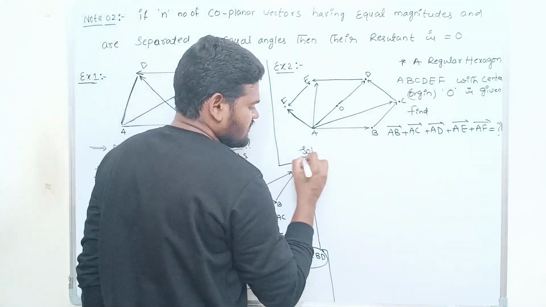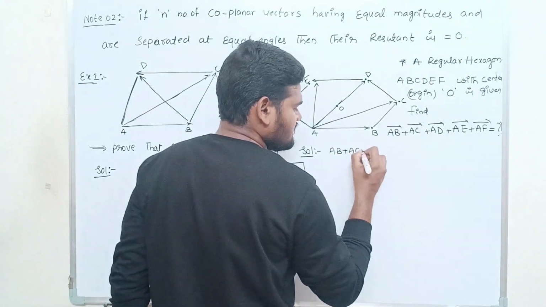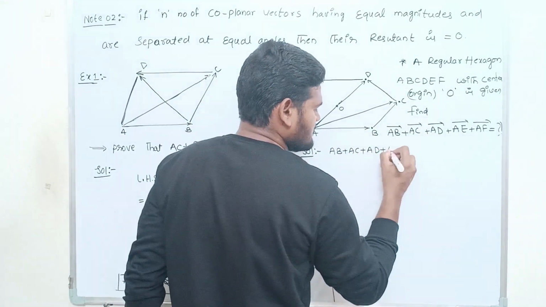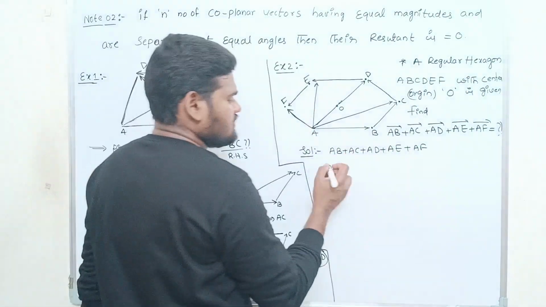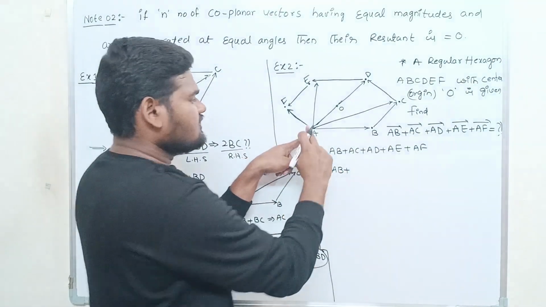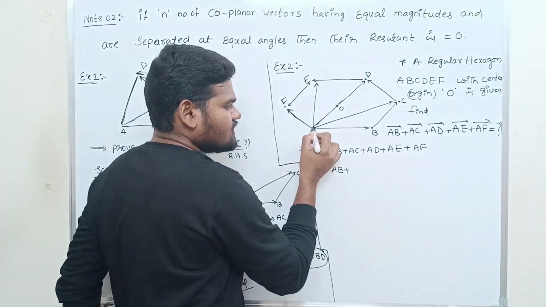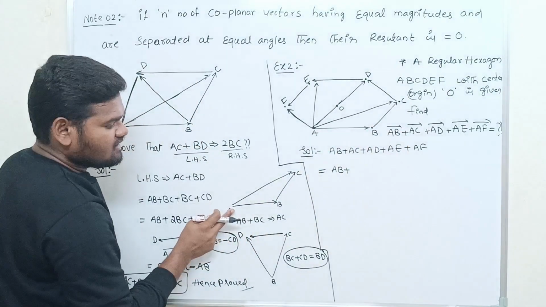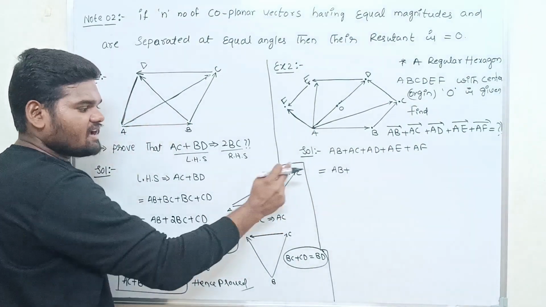Have a look at the solution. What they are asking is AB plus AC plus AD plus AE plus AF is equal to how much? I'm just taking AB as AB, plus AC. So what is AC from this diagram? AB, BC, AC, the same diagram we have.